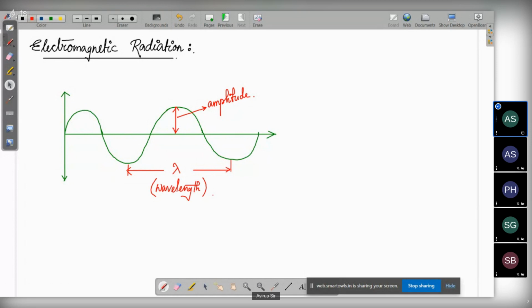Then the uppermost position of a wave is called the crest, and the bottommost position of a wave is called the trough. So these are the basic markings of a wave. And this is the source, basically the vibrating source, and this is the propagation of energy.